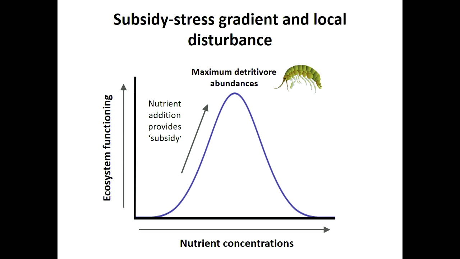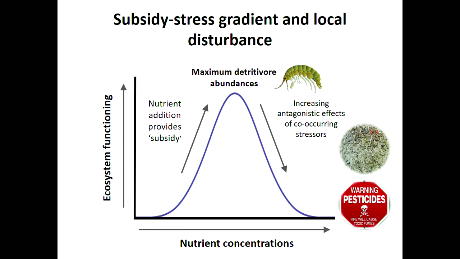And that probably helps contribute to large shredders and also decomposers like fungi, so that you get maximum breakdown rates. But as we go further along this gradient, we start to see antagonistic effects of other stresses that are co-occurring with those human impacts. And these could be things like fine sediment and hydromorphological degradation, but also the inputs of pesticides and other things associated with human land uses.